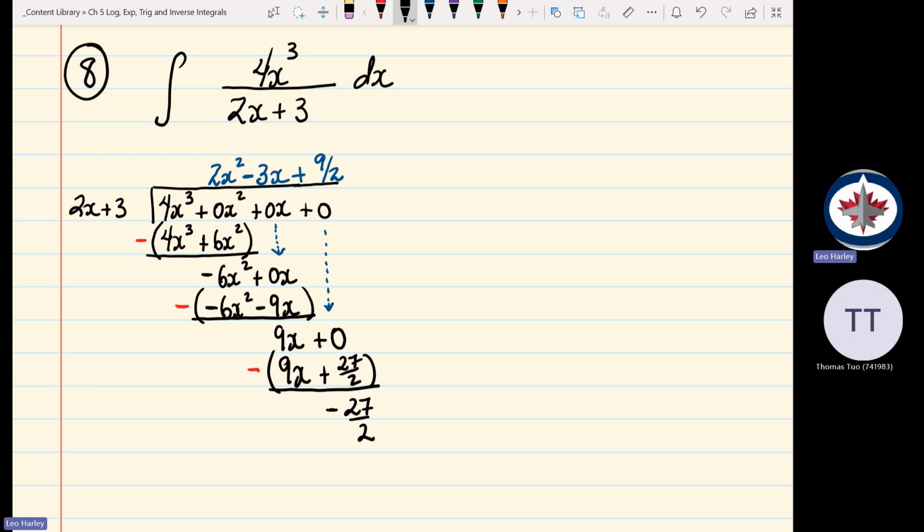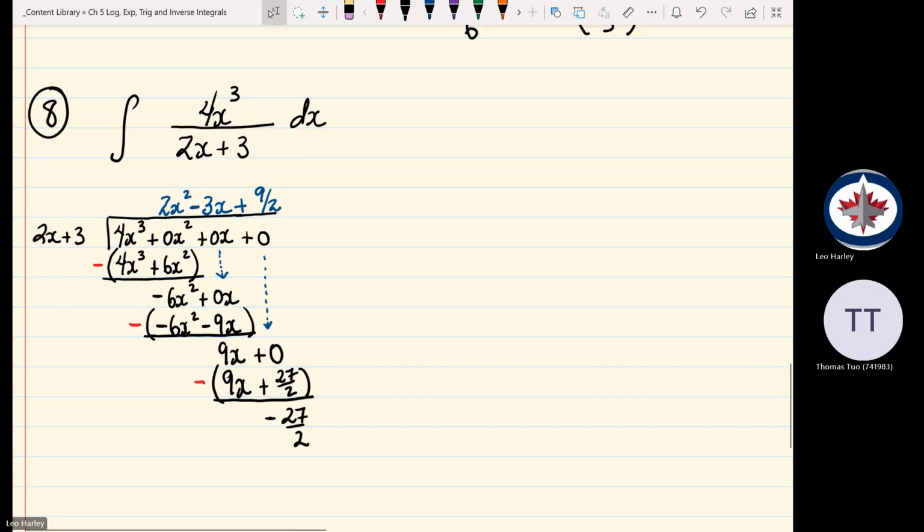Now, can we rewrite this integral? So it's going to look like it equals the integral of 2x squared minus 3x plus 9 over 2. Now be careful. Minus, I'm going to write it ugly, but we'll clean it up.